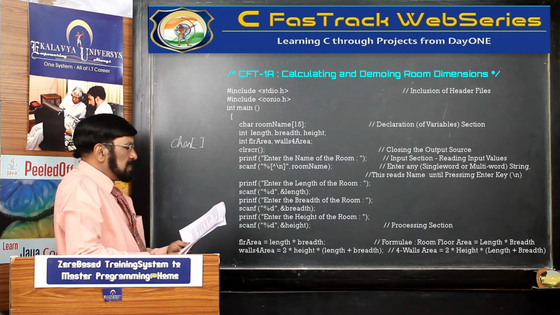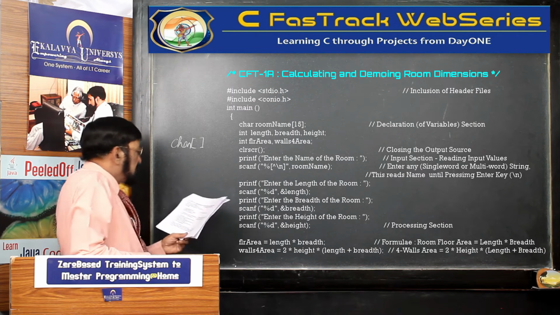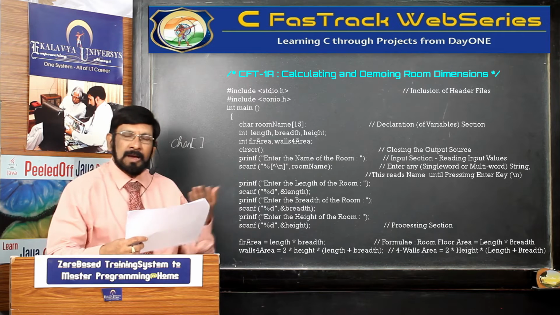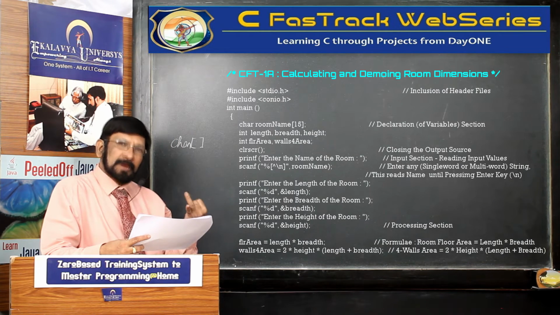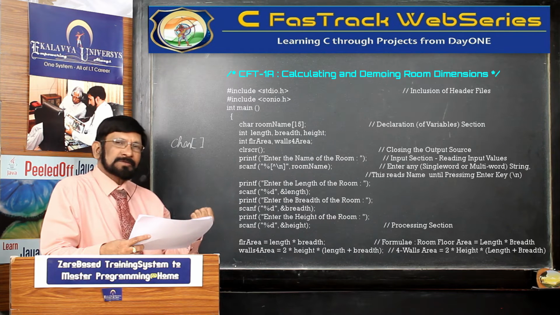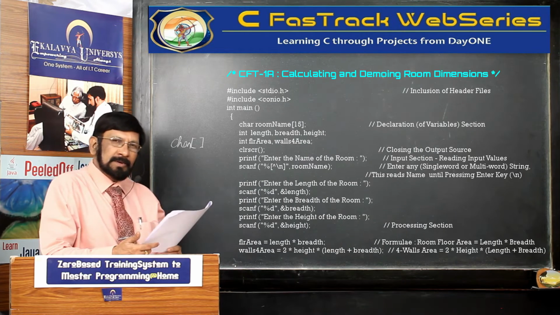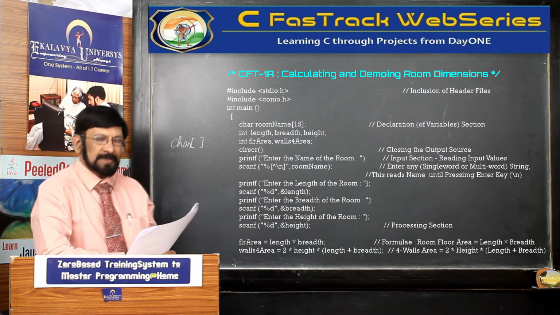You have to understand. Now you see this is a string. So first one is char. Thereafter, how many values do you have to demonstrate? Length, breadth, height, floor area, four walls area. So 5 ints I have declared. This is the set of function prototypes.